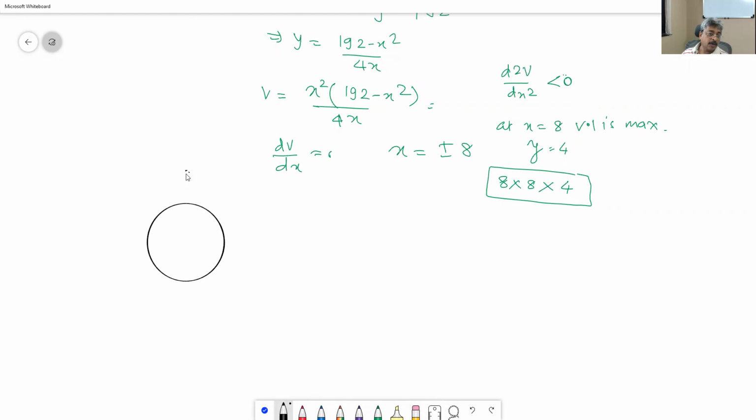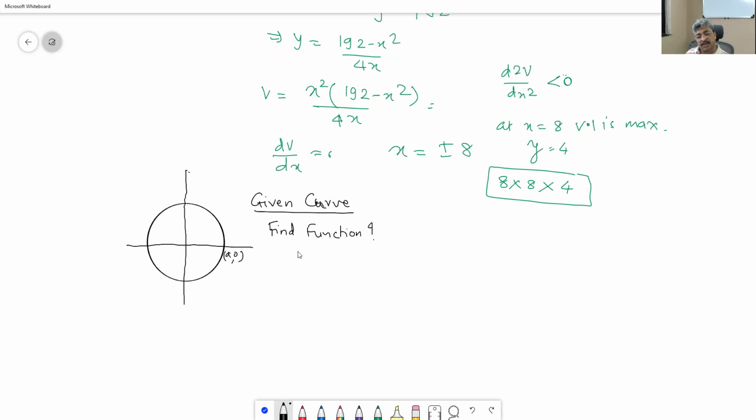This is a circle with center at origin and radius equal to a. So, given a curve, find the function. This is the type of question I am asking you.